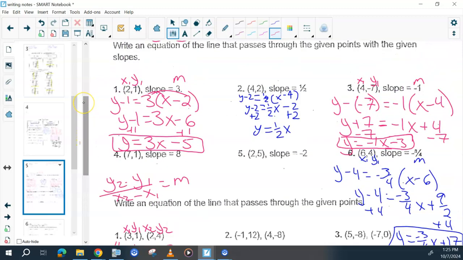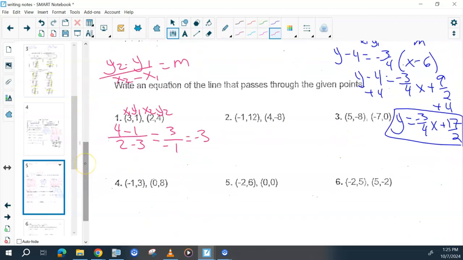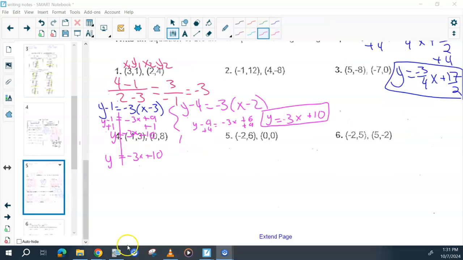This process, but with the specific point I gave you. So it does not matter which point you choose, whether you choose the first or the second, you get the same thing. So don't do both, pick one, and you should be getting the same answer regardless.